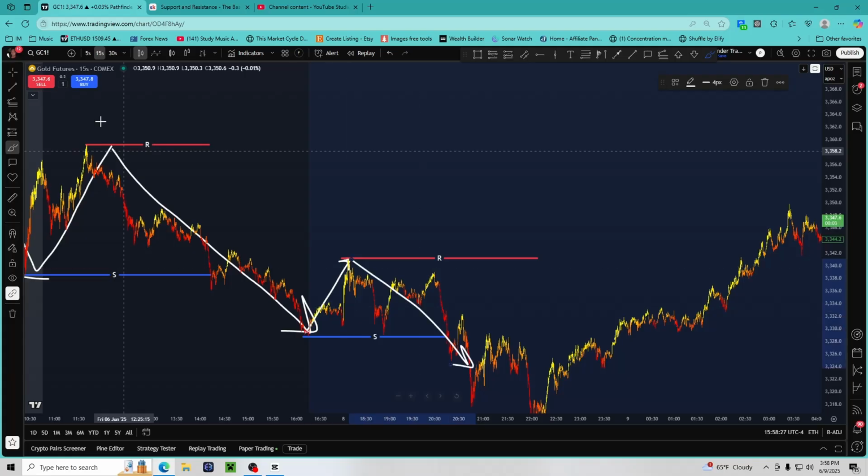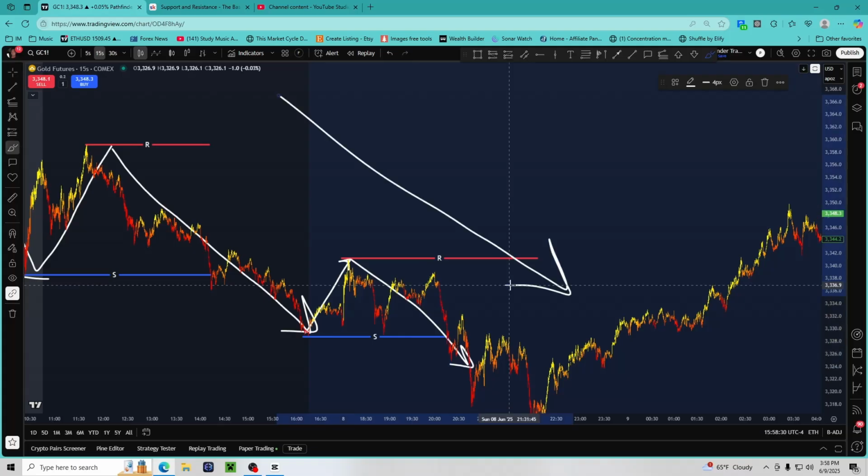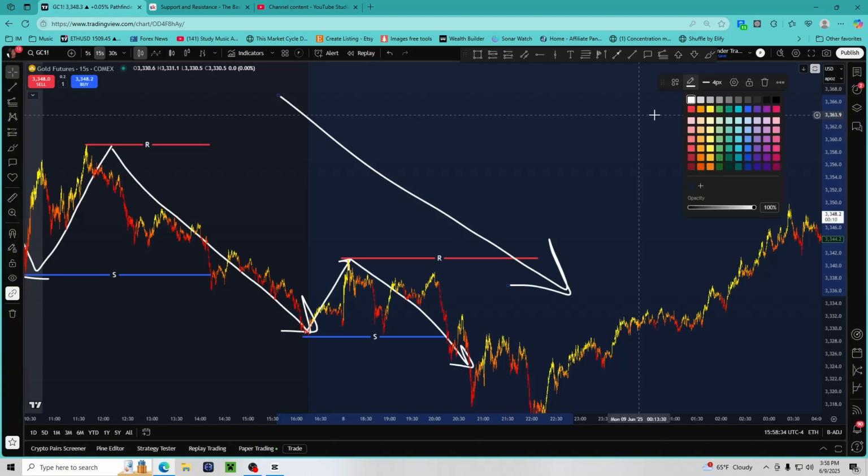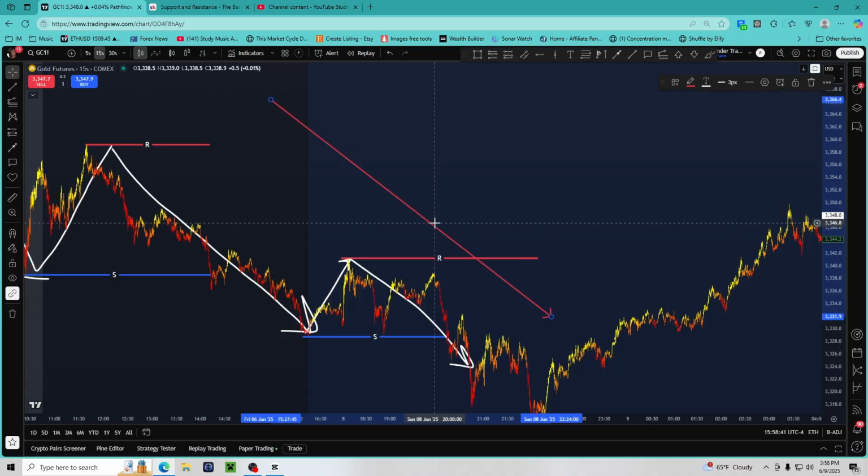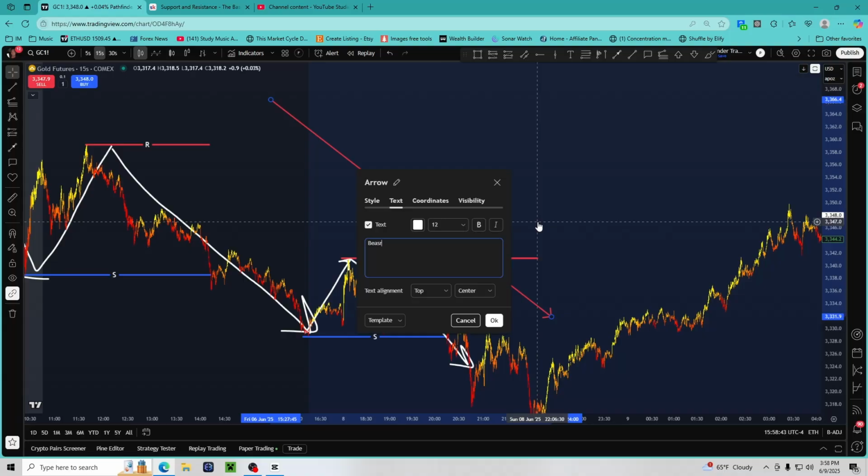And so what we have is a downward trend, which I'll mark with our little arrow tool with a red line. This is a downward trend, also known as a bearish trend.